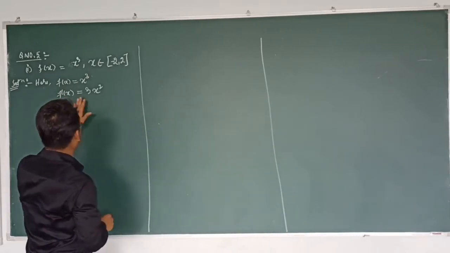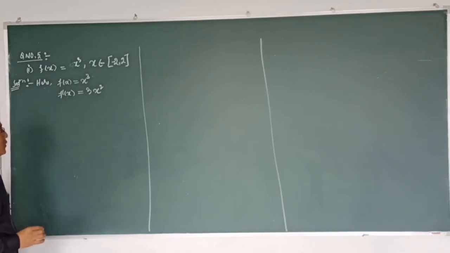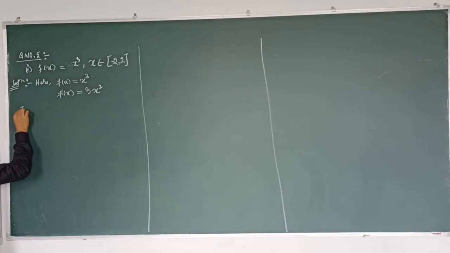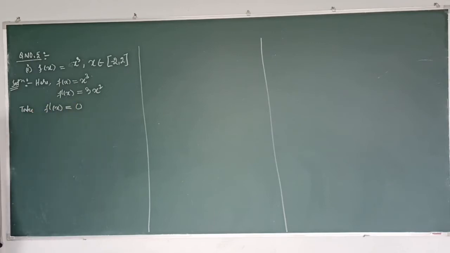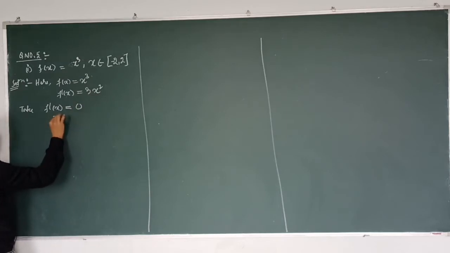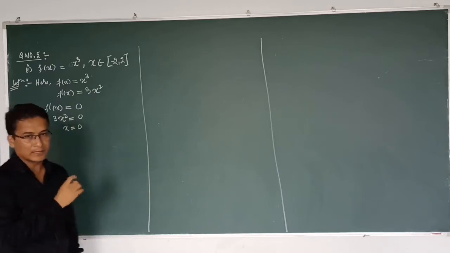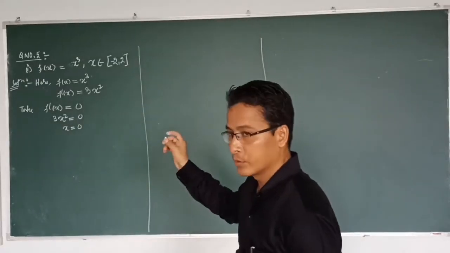Now we know that for finding the critical value we have to take f dash x equal to 0, that means 3x square equal to 0, that means x equal to 0. So our critical point is x equal to 0.